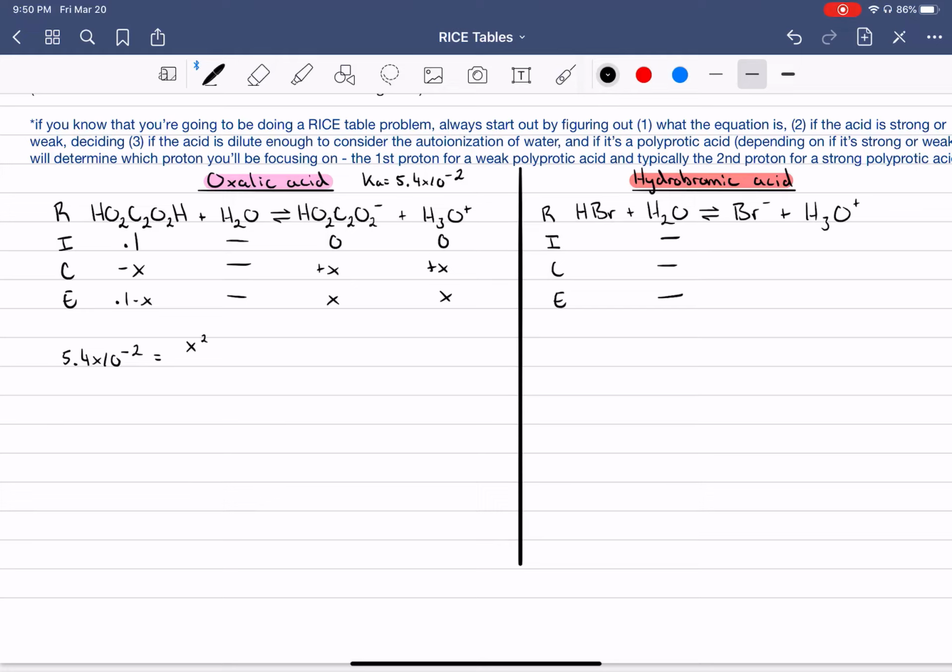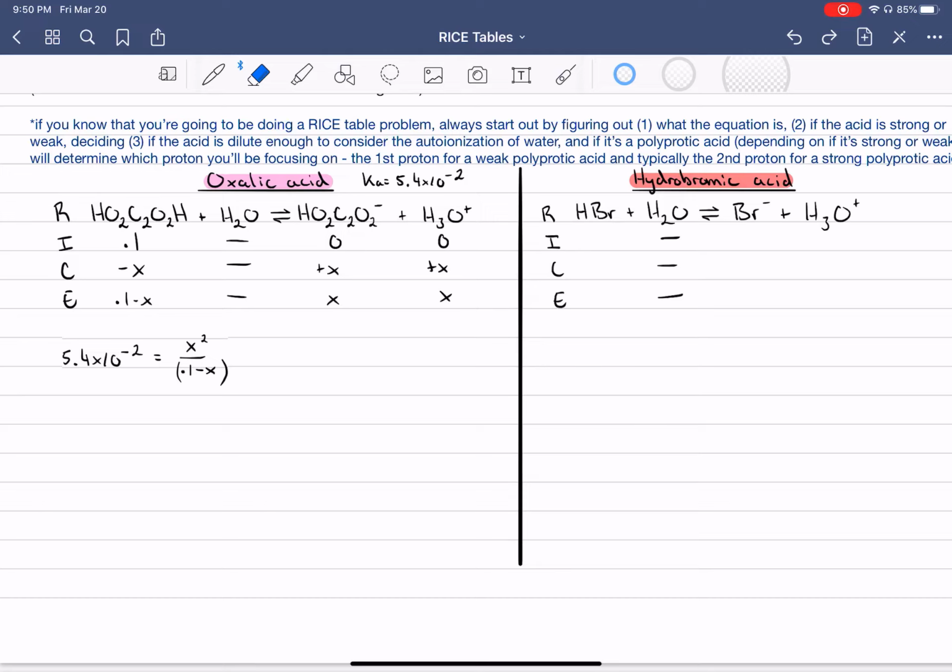So X squared over 0.1 minus X. Now, I would actually advise pausing the video right here or even beforehand and then solving it yourself, and then come back and watch how we solve it and see if you did it right. It's always best to test yourself first.